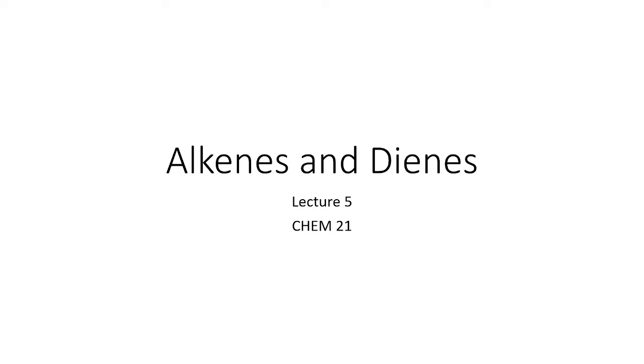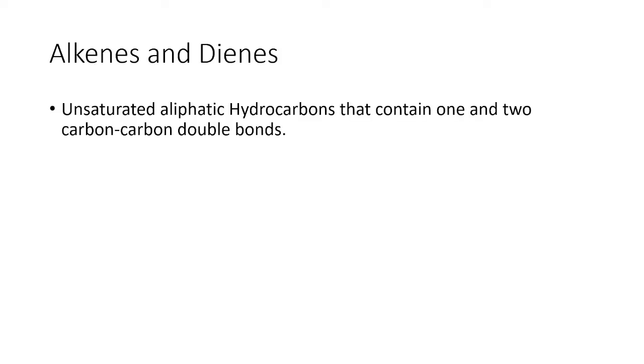So let's start the discussions. Alkenes and dienes are what we call unsaturated aliphatic hydrocarbons that contain one and two carbon double bonds: one carbon-to-carbon double bond for alkenes and two carbon-carbon double bonds for dienes.